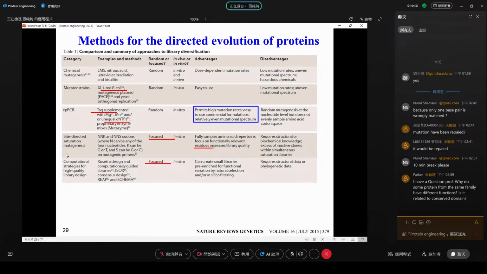And site-directed mutagenesis, remember that's very focused. You already know where the functional group, the relevant residue you want to mutate, is, and that will increase the specificity. But sometimes you think another catalytic triad should be changed, but life will find its way out.